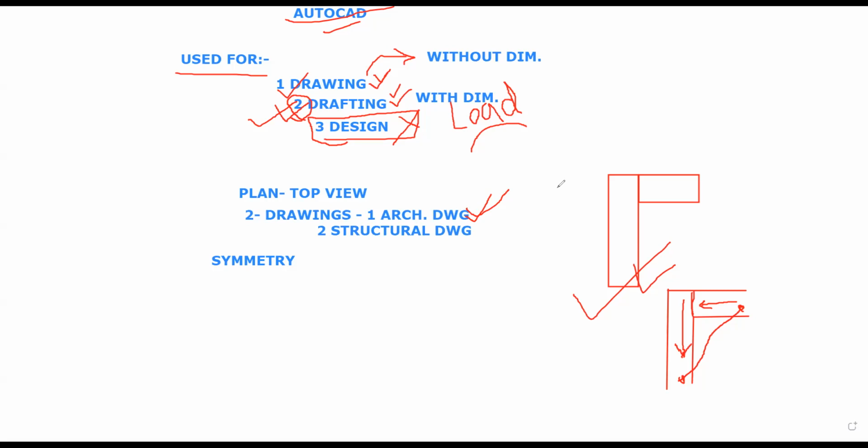Section means you cut the complete building from anywhere and then show how it looks. Elevation means how your structure looks from the front, back, left or right, without cutting it. So this is what it means.